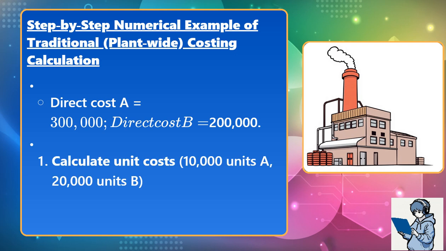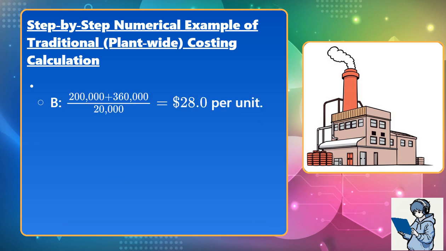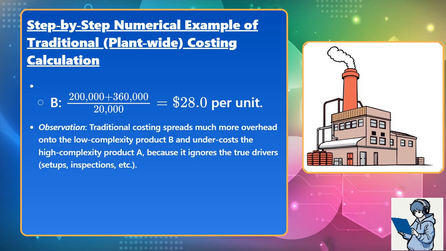Calculate unit costs, 10,000 units A, 20,000 units B. For product A, 300,000 plus 240,000 divided by 10,000 equals $54 per unit. For product B, 200,000 plus 360,000 divided by 20,000 equals $28 per unit. Observation: traditional costing spreads much more overhead onto the low-complexity product B and undercosts the high-complexity product A because it ignores the true drivers such as setups and inspections.